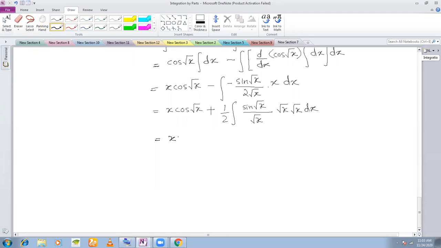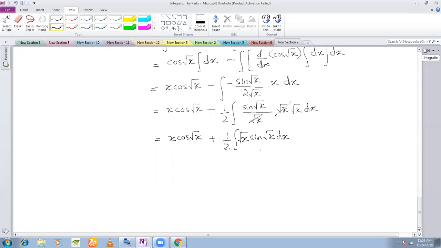Next, x cos root x plus, now here 1 root x will cancel off. You simply get a half integral x sine root x dx. In fact, root x sine root x dx.